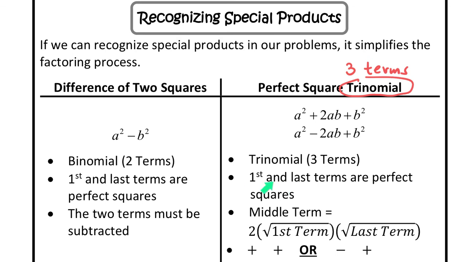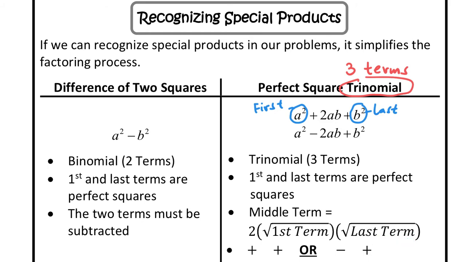Similar characteristic: the first and the last terms are perfect squares. And then the middle term is found by multiplying 2 times the square root of the first term and times the square root of the last term.